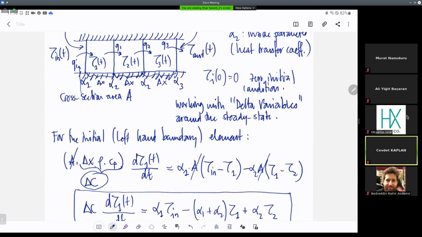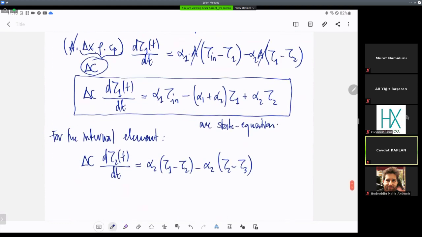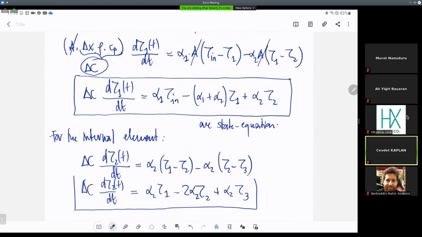All the internal boundaries have the same heat transfer coefficient because this is a homogeneous material. So that gives us delta C d tau 2 of T over dt equal to alpha 2 tau 1 minus 2 times alpha 2 tau 2 plus alpha 2 tau 3. So that is the second state equation. If this is the first one, this is the second one.